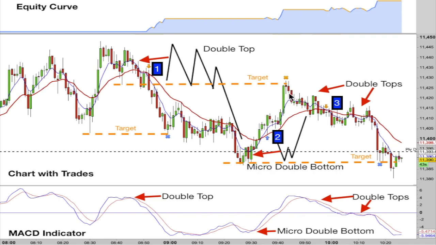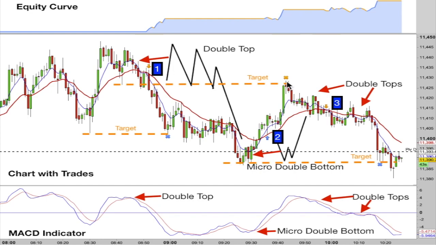Then lack of conviction, a very small doji bar after that, and guess what? The sellers are taking control. We're above the middle of the overall value area in here, and the sellers started selling back down to test the 11,400 level and the pivot again.